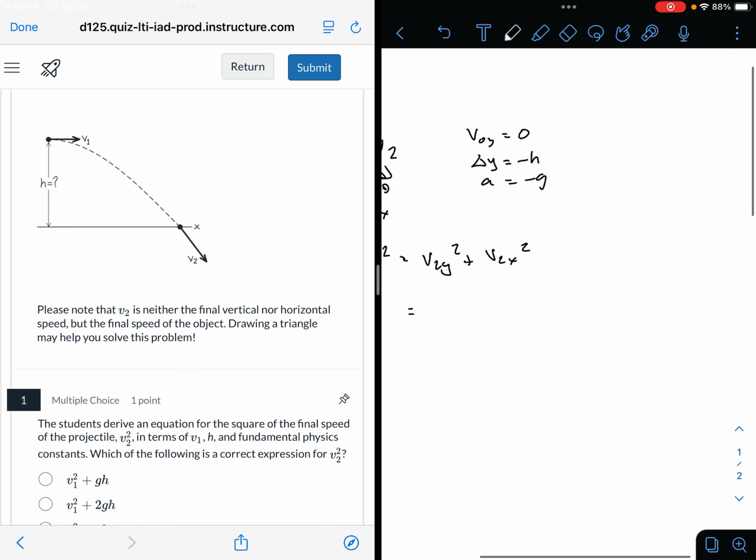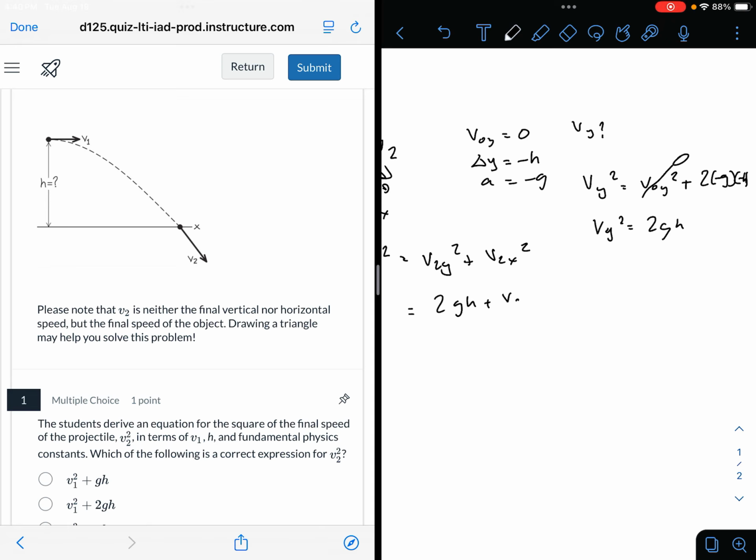We're trying to find vy final. So the equation we can use is vy squared equals v initial y squared plus 2a times the change in y, which is negative g times negative h. This is the third equation on your Physics C equation sheet, and the initial term becomes 0, so pretty quickly vy squared is just 2gh. So this is our final equation.